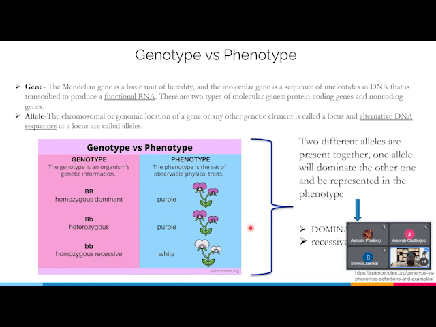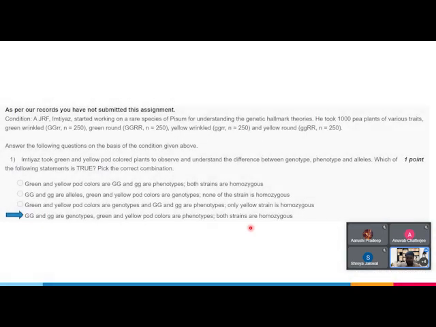Okay, I guess not. So we can move forward with our discussion. Depending on our discussion here, for the particular question, if someone has green and yellow pod colors and wants to differentiate between genotype, phenotype, and alleles, the correct option is D, as everyone also pointed out. Capital G and small g denote the genotypes.